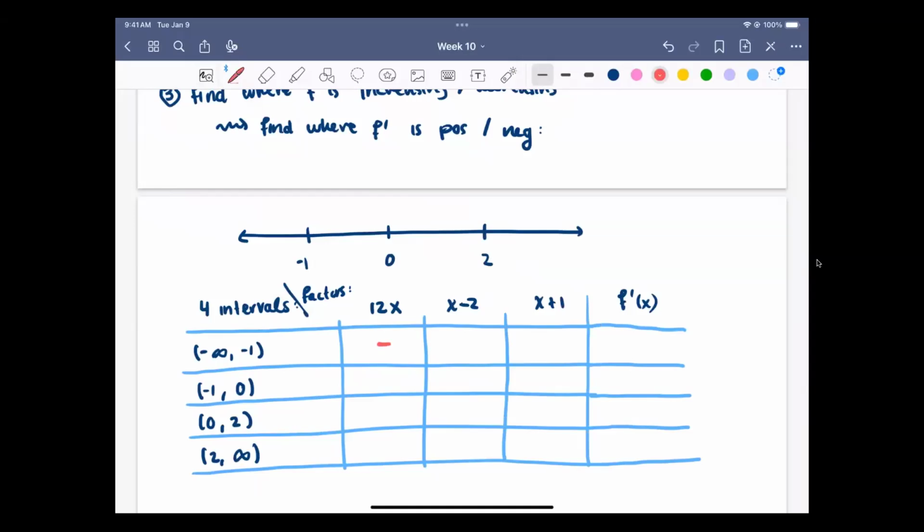Yeah, this will be negative as well. And what about x plus 1? Yeah, that's also negative. Okay, so then in f prime of x, we're going to be multiplying 3 negative numbers together. So overall, it's negative on that interval.